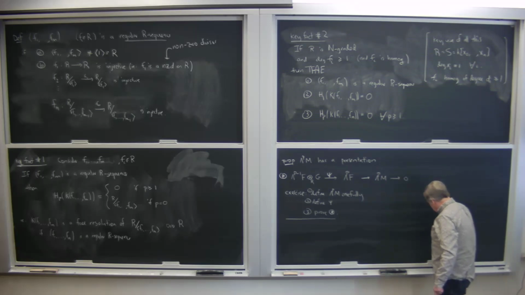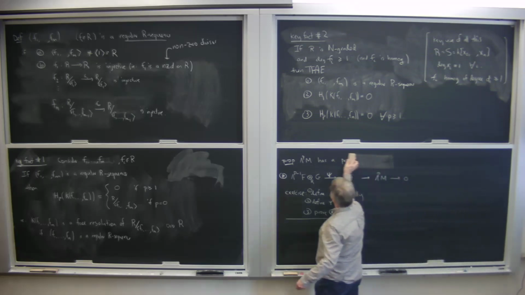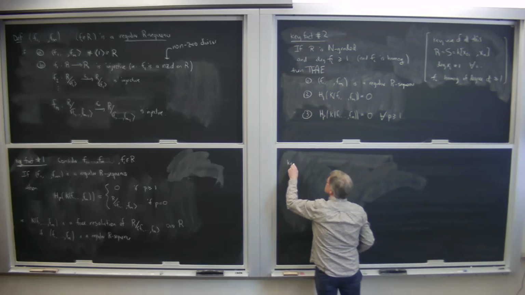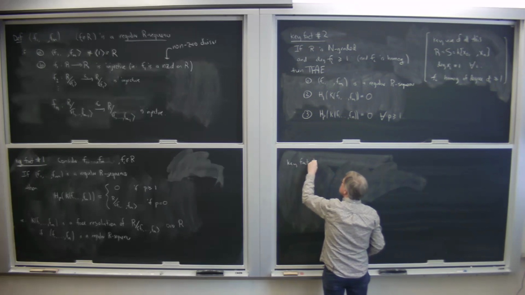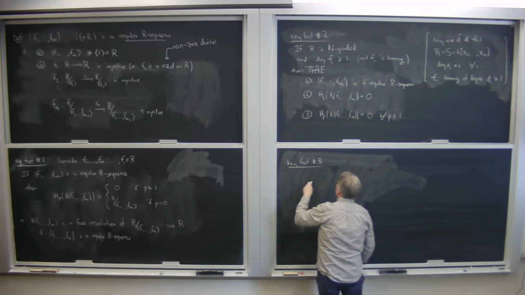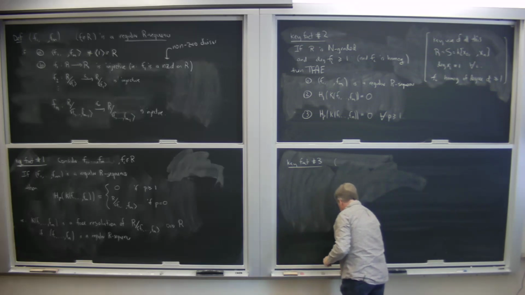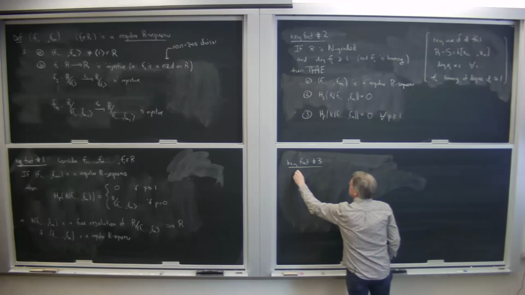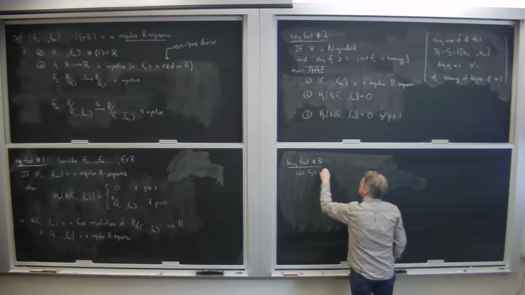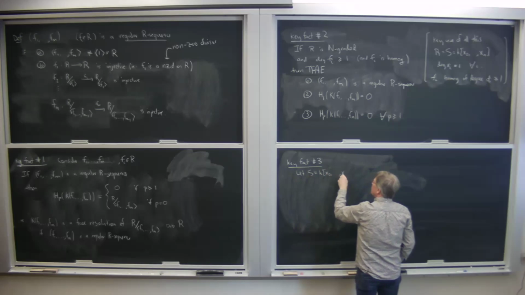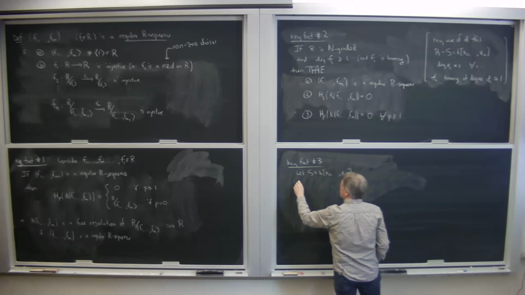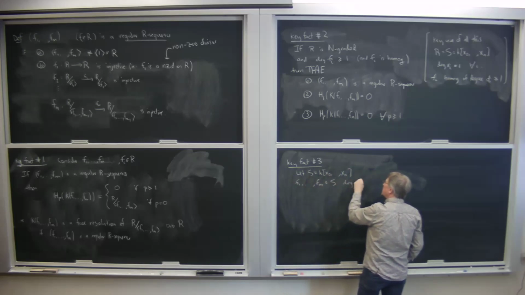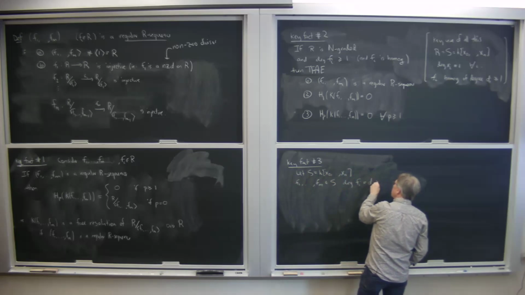Okay, one more thing I want to state about this. I'll call this key fact number 3. Let's suppose that I'm going to do this in S, because that's what we're going to mostly be doing. So let S equal k[x_0, ..., x_n], though this is a lot more general. And f_1 to f_m are in S, and the degree of f_i is d_i, greater than or equal to 1.